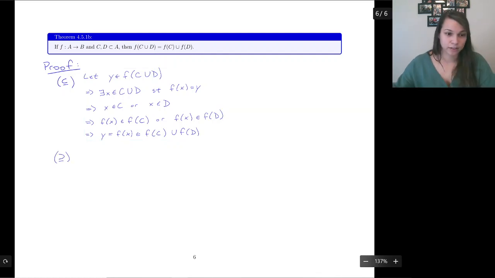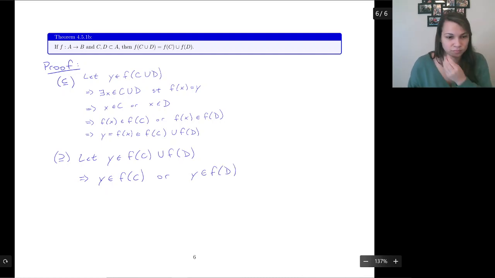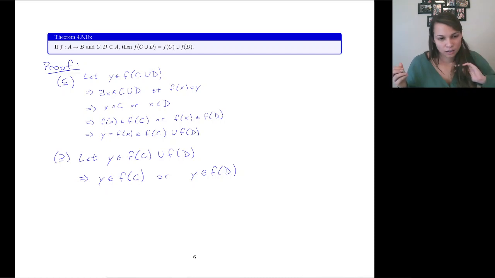Now for the other direction. We're going to let y be an element of f of C union f of D. That means that y is going to be an element of f of C, or y is going to be an element of f of D. Here's the little bit of a nuance that we're going to look at carefully.